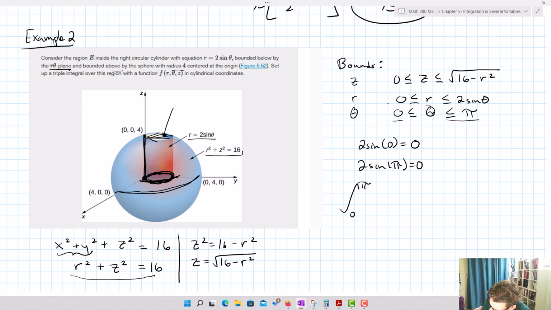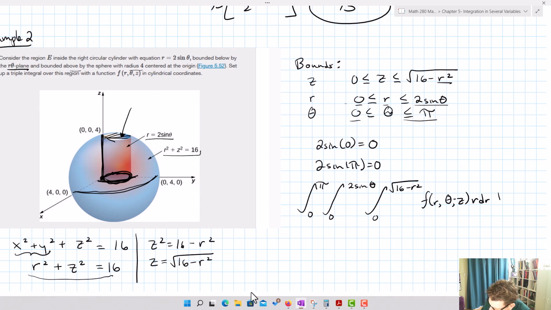Then r is given by theta, so r is next, and we're going to go 0 to 2 sine theta. And then finally, z is a function of r, so we'll make this from 0 to the square root of 16 minus r squared. And so then it'll be f of r theta z, r dz dr d theta. That ends up being the function that we'll use to do our integration.